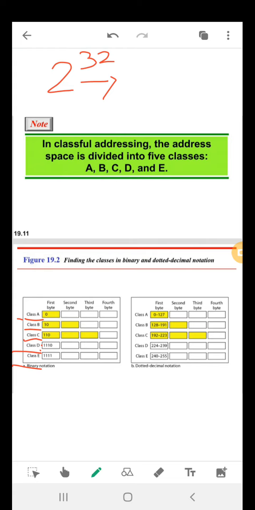So this is how the 2 raised to power 32 IP addresses have been classified or grouped into 5 classes.